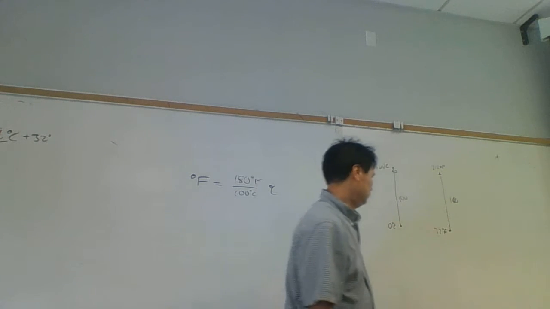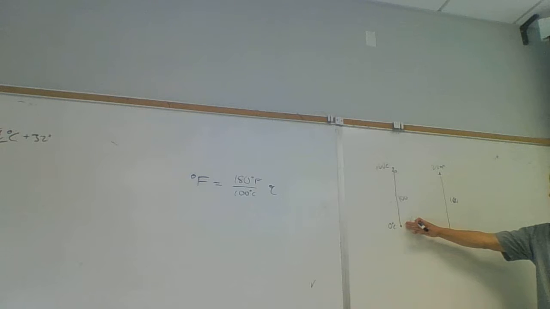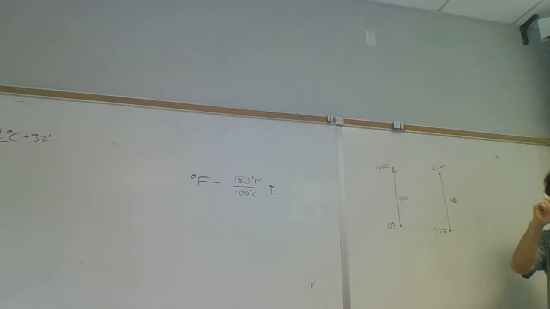In other words, every degree C is 1.8 degrees Fahrenheit. So for every degree C that I go up, I need to go up by 1.8 degrees Fahrenheit.